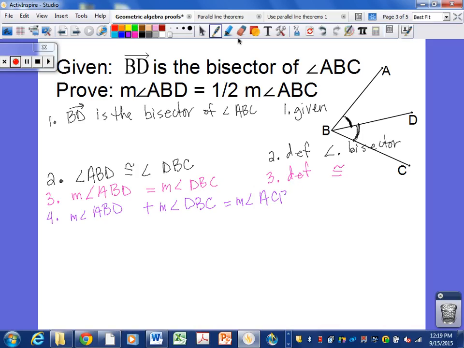Oops. ABC. Okay, that is just like before when we used the segment addition, only this is angles. So we are using the angle addition postulate.